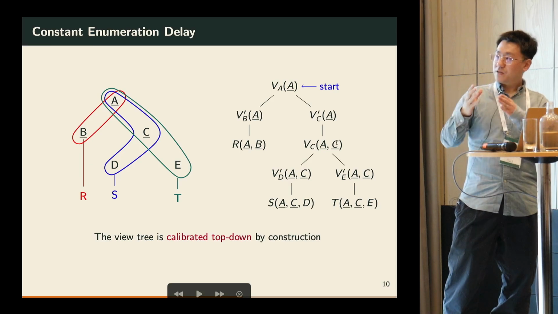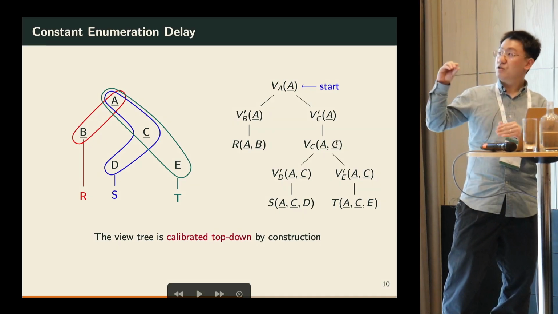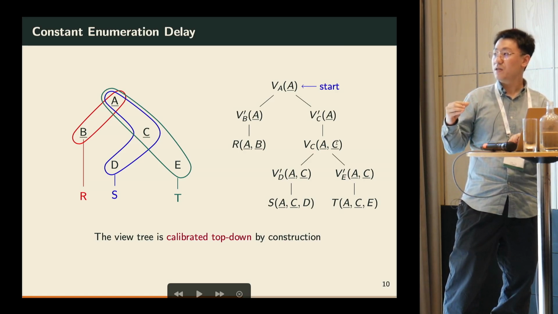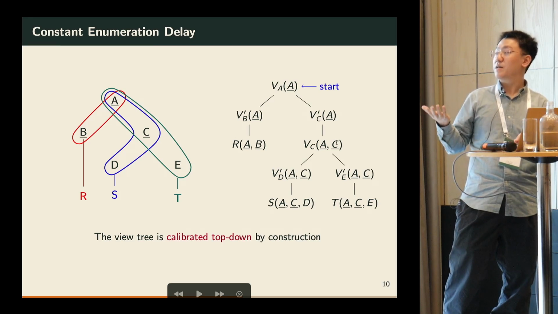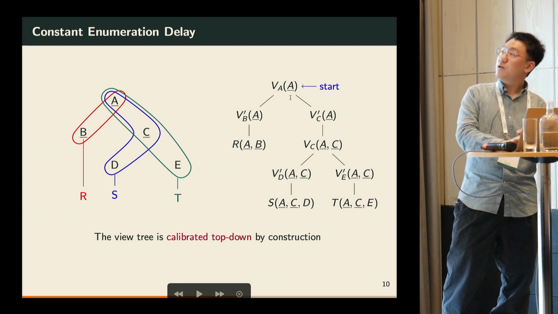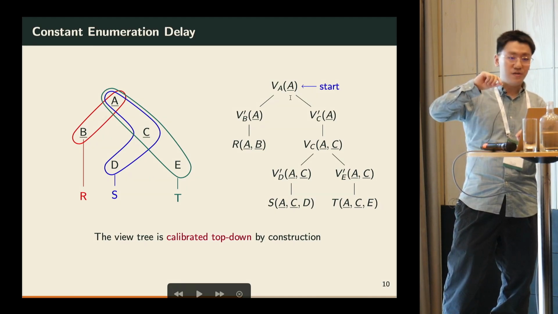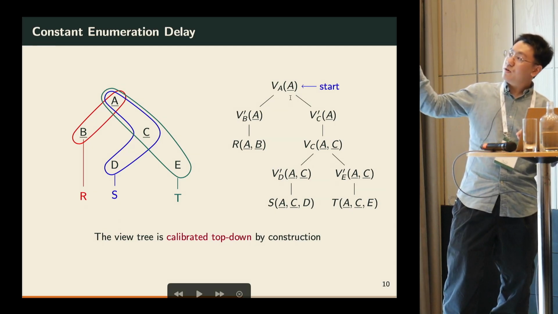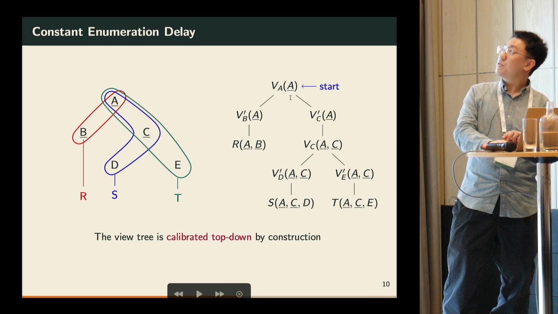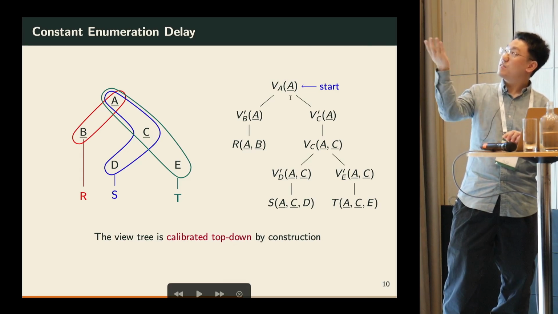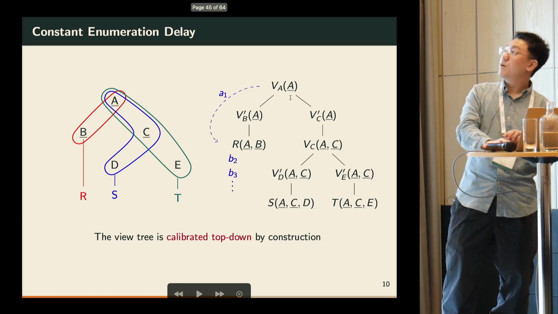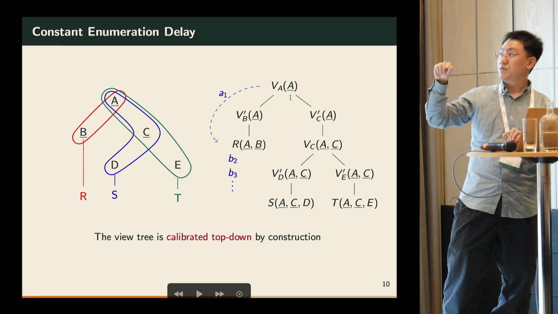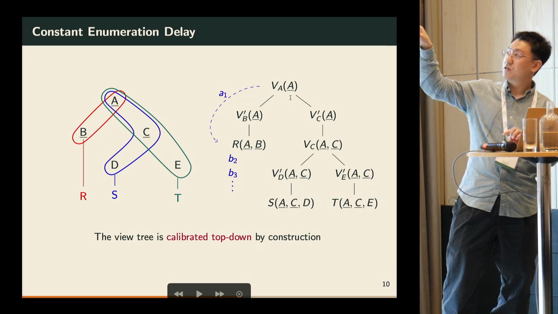By constructing this view tree, remember for each view, it's computed by the child views below. So it is calibrated top-down by construction. That means every value in the root must appear in the views below. For example, to enumerate the ABC tuples, we can start from the root view. We get the first A value, let's say A1, and then we get the paired B values in the result from relation R there.